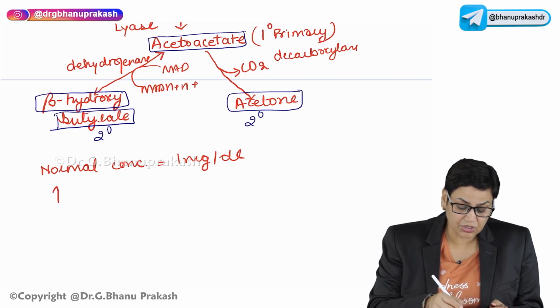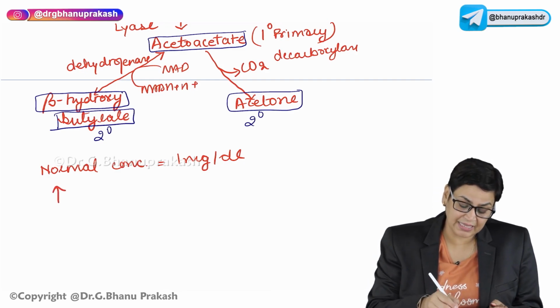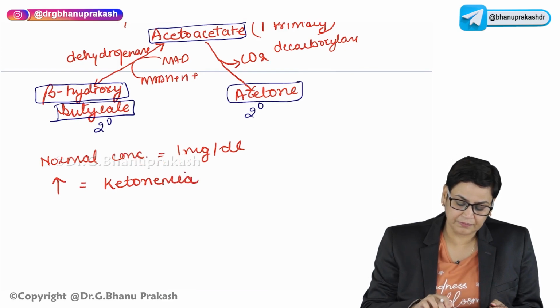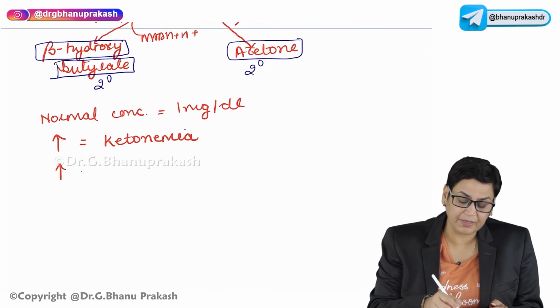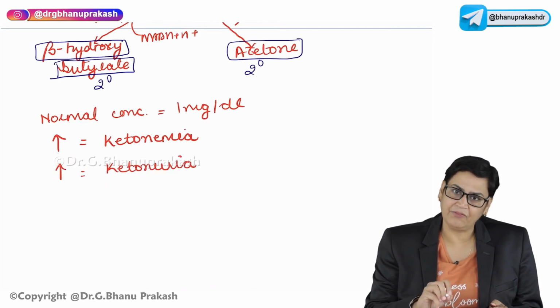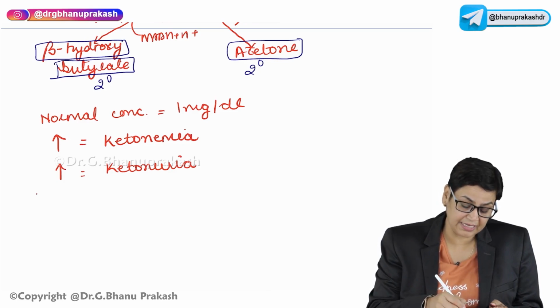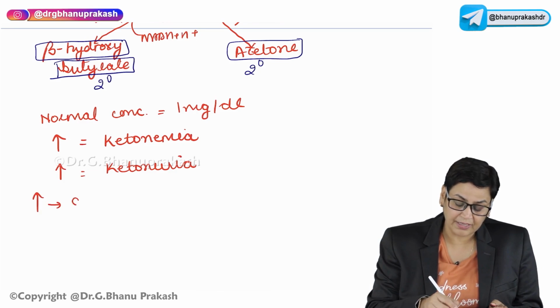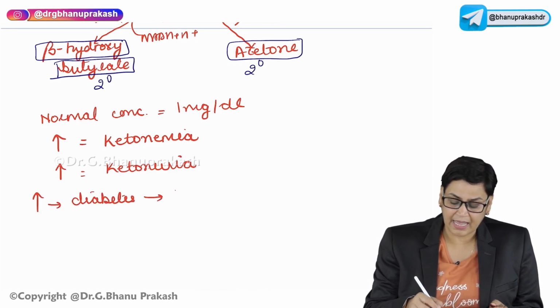When the concentration of ketone bodies increases in the blood, it is known as ketonemia. If it appears in urine, it is known as ketonuria. And when there is increased concentration of ketone bodies related to diabetes, it is known as diabetic ketoacidosis.